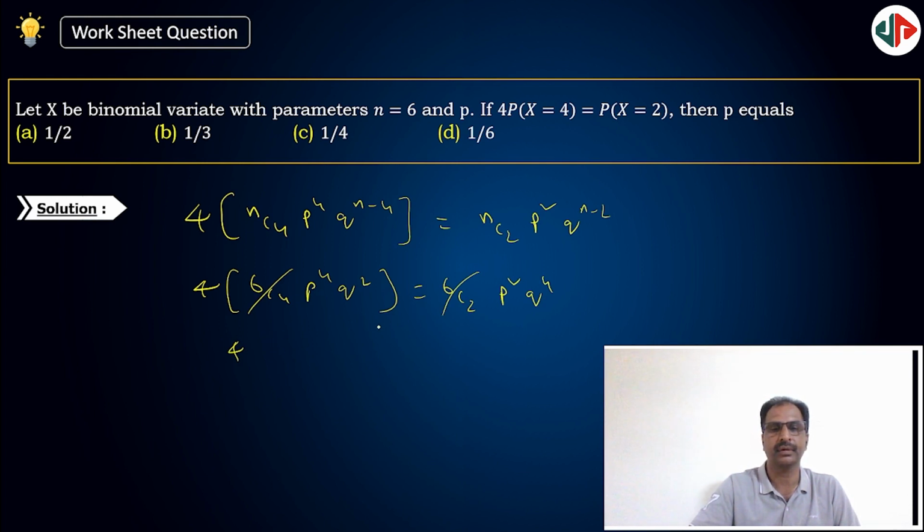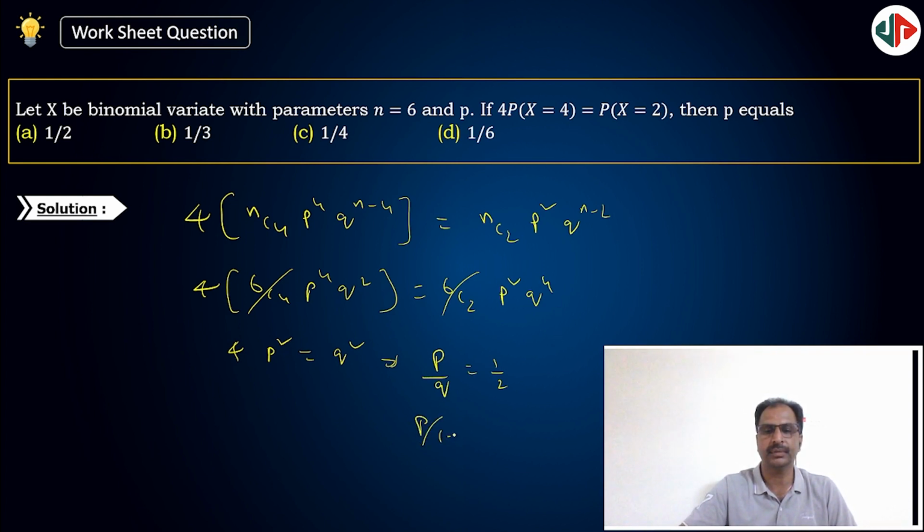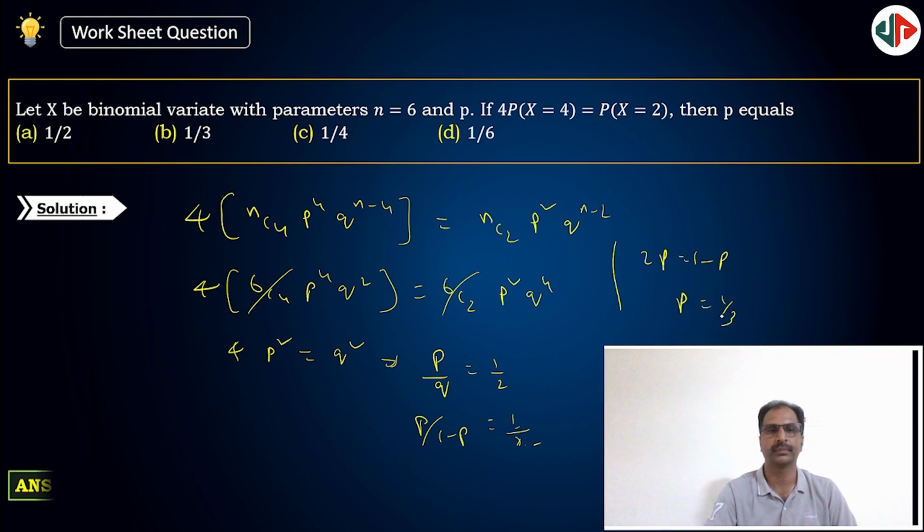P power 4, P square gets cancelled, so 4P square, and Q square gets cancelled. From this, P by Q is nothing but 1 by 2. Q is nothing but 1 minus P. So do cross multiplication. You will get 2P is equal to 1 minus P, or P is 1 by 3, option B.